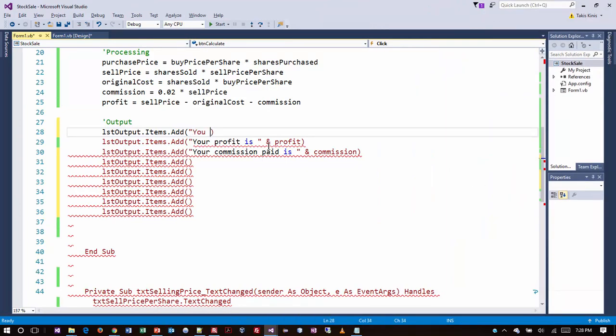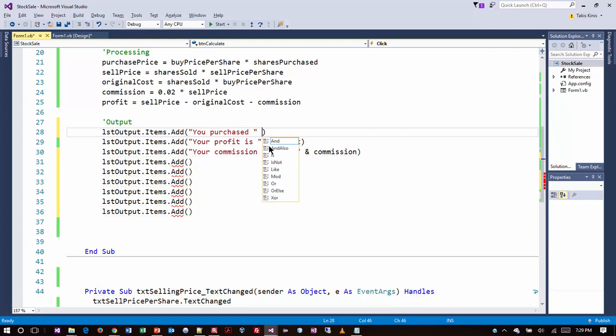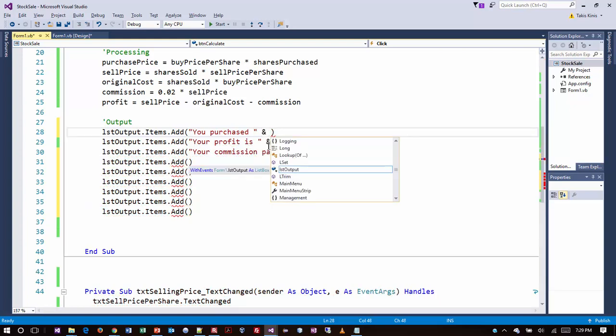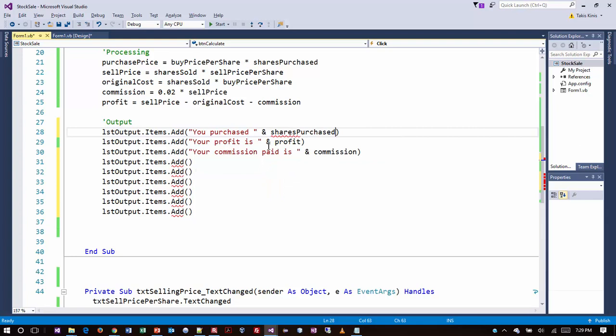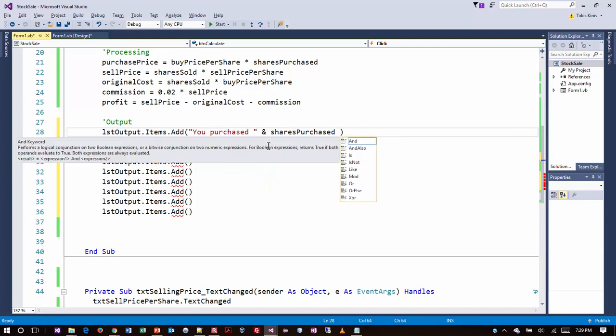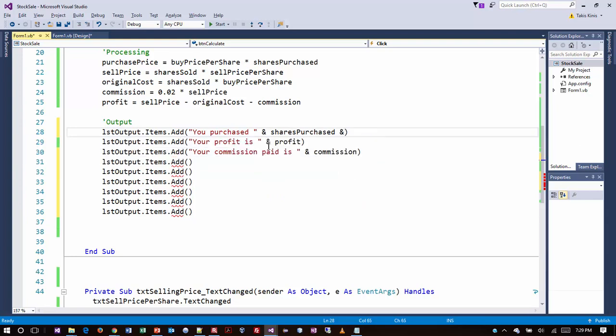You purchased, space, an ampersand. How many shares did I purchase? Let's see. Shares purchased. And then an ampersand again, and that joins the variables with the text.